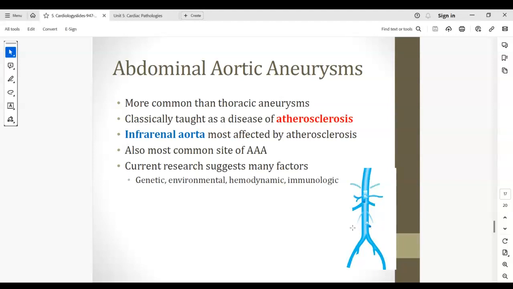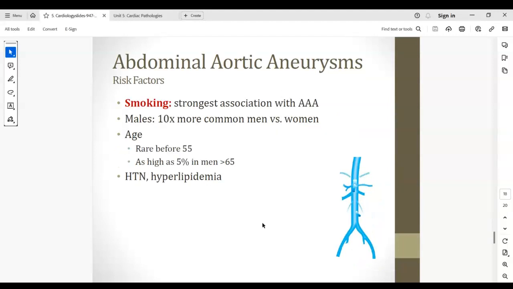Current research suggests many factors: genetic factors, environmental, hemodynamic factors, and immunologic factors. For abdominal aortic aneurysm, as we said, it is more common with atherosclerosis. So smoking has the strongest association with abdominal aortic aneurysm. It is more common in males, 10 times more in males than females.